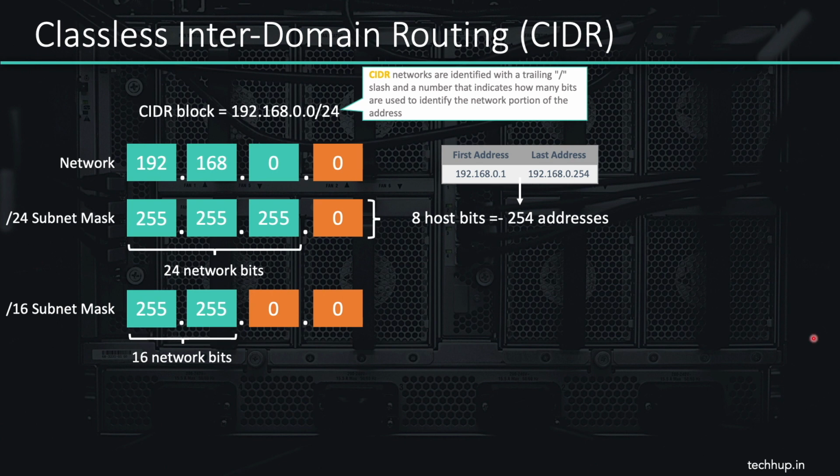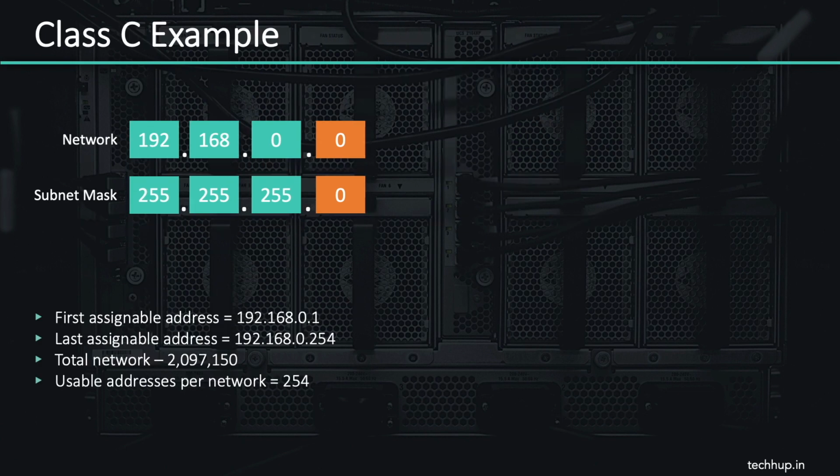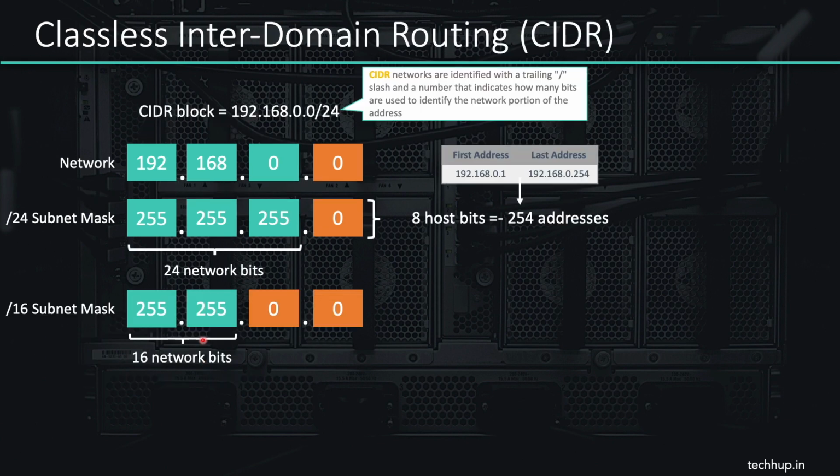So to revive the memory quickly, let's go back to an example slide that we had on class C IP addresses. You can see the network ID 192.168 is the same that we use here, but the subnet mask that was standard in classful IP addressing was spanning 3 octets. Whereas if you come back to the slide here, you see that we are intending to use only 2 octets, that is 16 network bits.